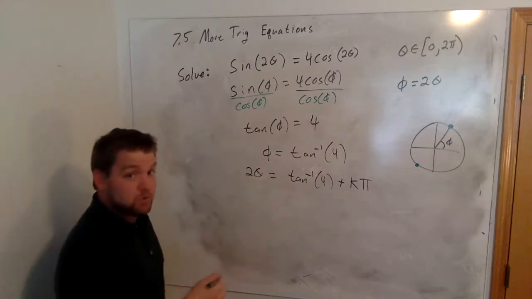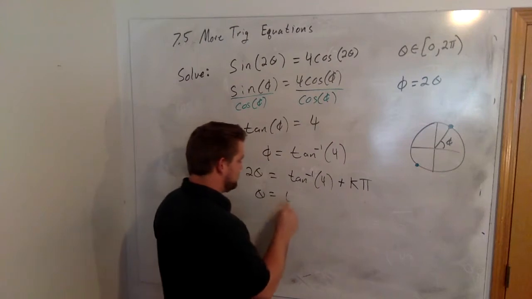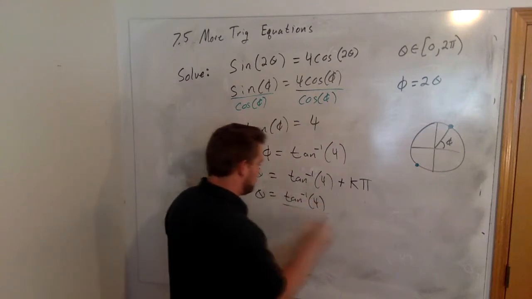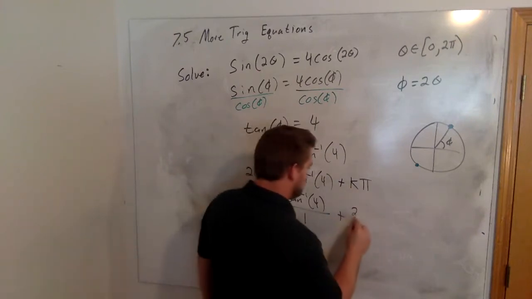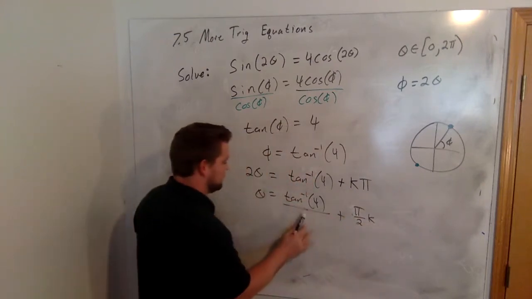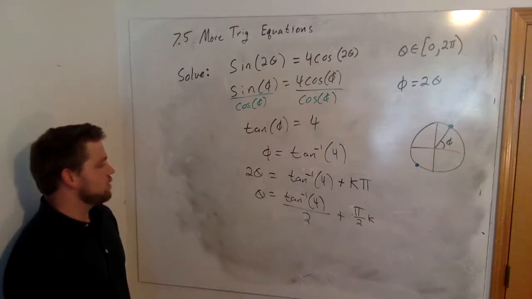Let's multiply both sides by 1/2. So we'll get that theta will be equal to the tan inverse of 4, all divided by 2, plus pi over 2 k. I meant to put a 2 here. Okay, so we just multiplied both sides by 1/2.